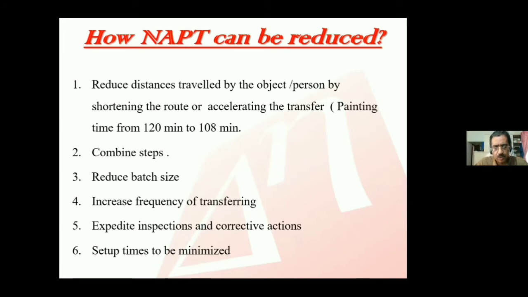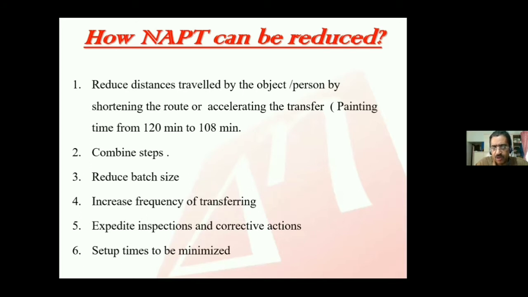So here, how can NAP be reduced? First is to reduce the distances traveled by the object or person by shortening the route or accelerating the transfer. So now our objective is to reduce the time taken to move the material from point A to point B. Even if the distance is the same, if you increase the speed, it can be accelerated.